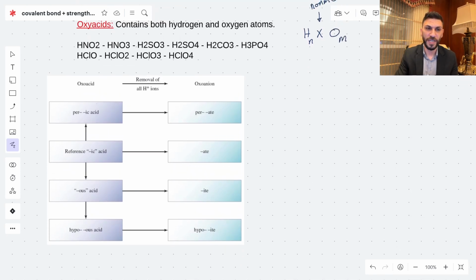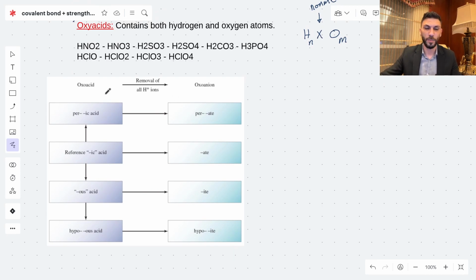The rules of naming oxyacid are summarized in this table. Here, we're going to start with this one and this one. For example, for HNO2, as you can see here, it has less oxygen than HNO3.